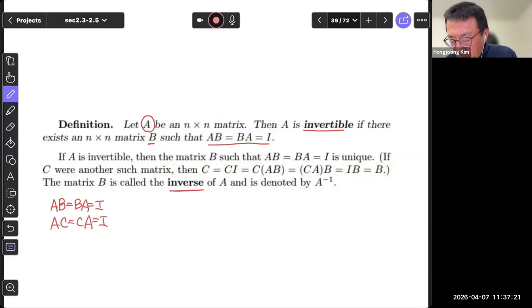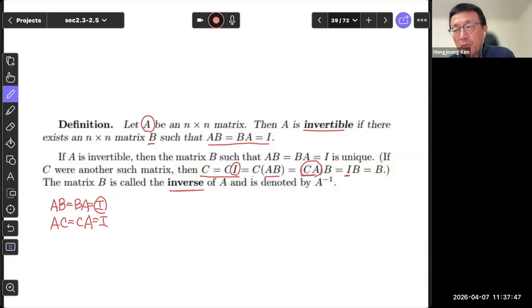So C will be the same as C times identity, and identity is the same as A times B, and matrix multiplication is associative. So instead of multiplying A and B first, you may multiply C and A first, and then you can multiply B later. But once you multiply C and A, you get the identity matrix.